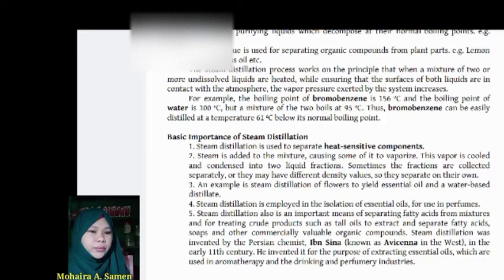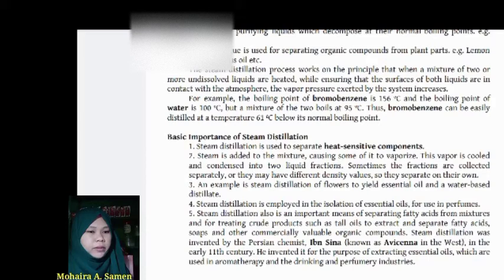The steam distillation process works on the principle that when a mixture of two or more undissolved liquids is heated, while ensuring that the surfaces of both liquids are in contact with the atmosphere, the vapor pressure exerted by the system increases.